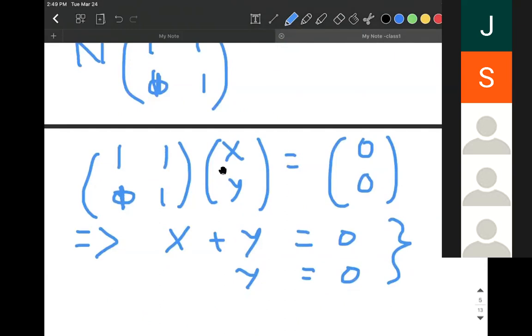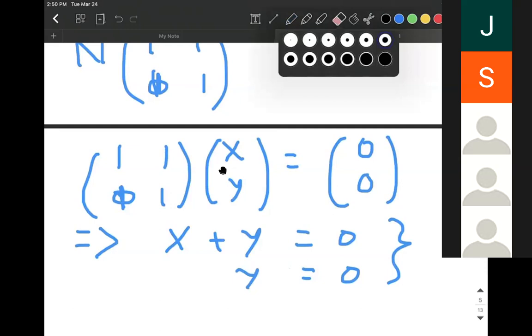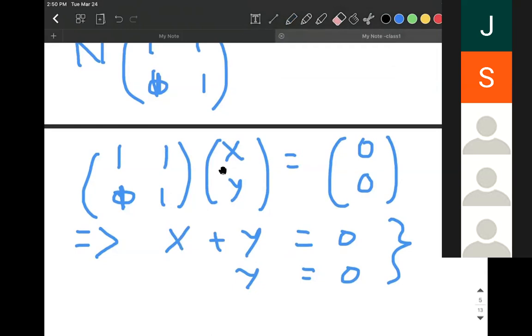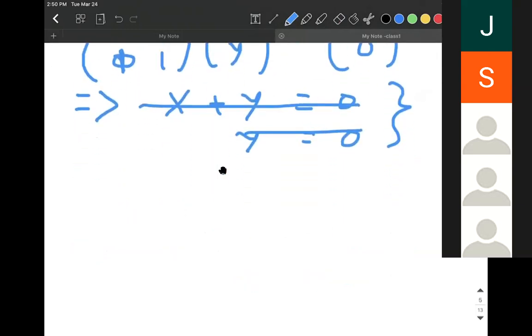So now we basically have the same equation, x plus y equals 0 for both.